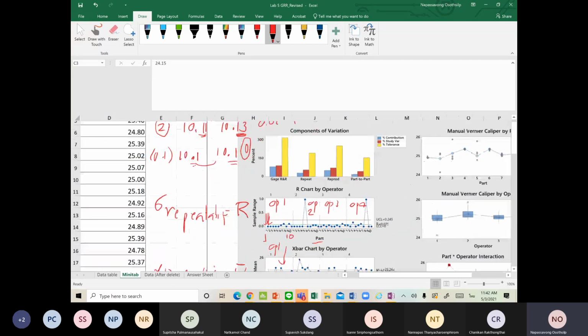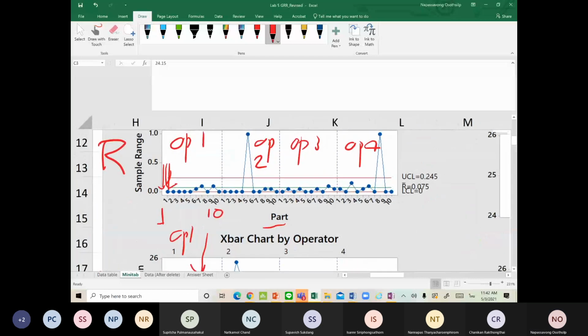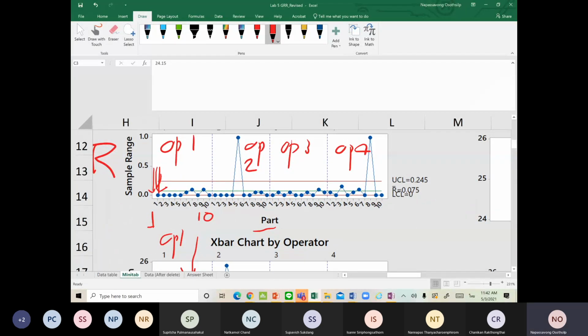Like in this example, the first number is R equal to 0, the second number is 0.05, maybe 0.1 here, and this is the third, the fourth, and now the fifth number here.